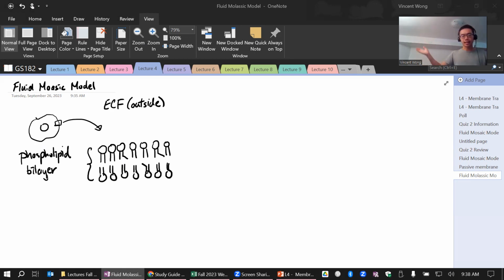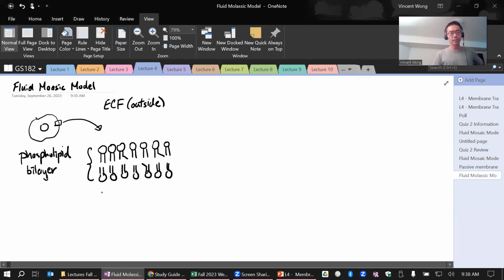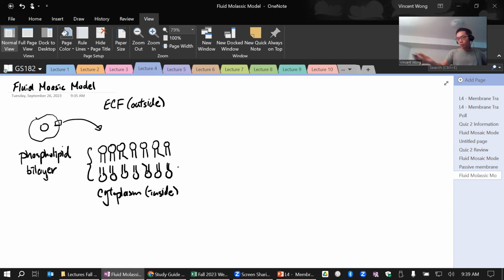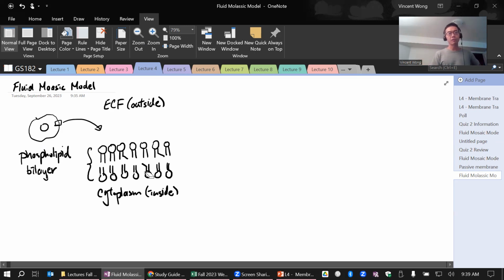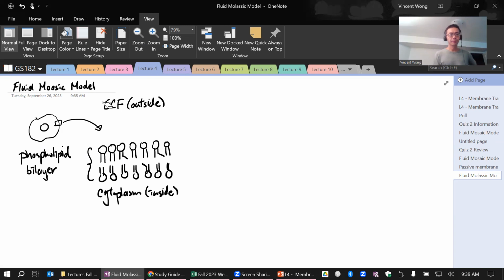So that's the outside. The inside of the cell is, of course, the cytoplasm. ECF is mostly water. Cytoplasm is mostly water as well, which makes sense to have the hydrophilic heads oriented that way.